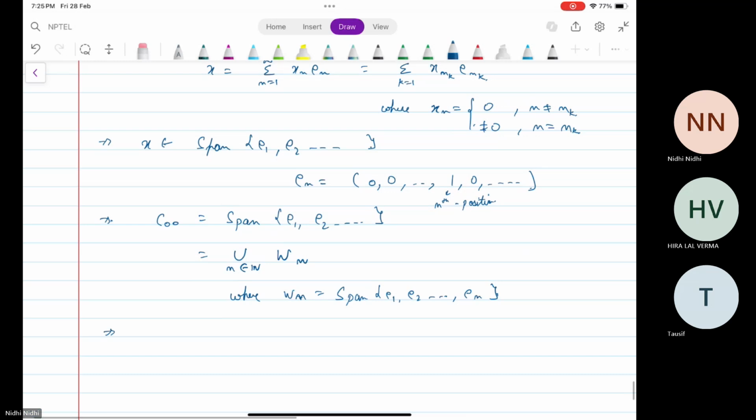Then again, as done in question number 1, if c00 is closed, we will attain a contradiction.